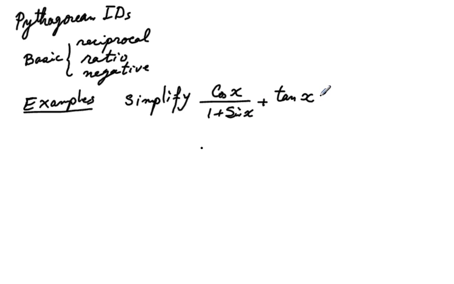So here's a question. Simplify. That dreaded word: simplify cosine of x over 1 plus sine of x, plus tangent of x. Simplify is more or less like try to see what you can do with this thing.